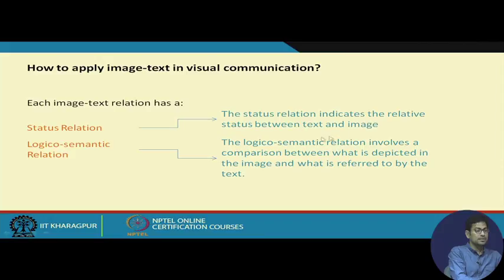So in status we look at relative status between text and image, whereas in logico-semantic relation we compare what is depicted and what is referred in the text.